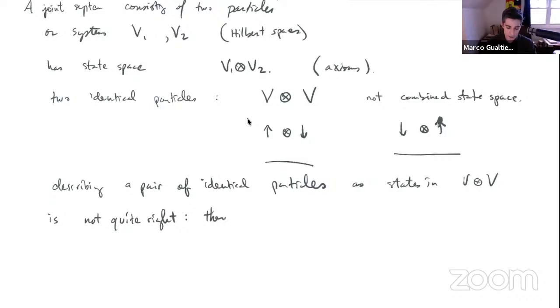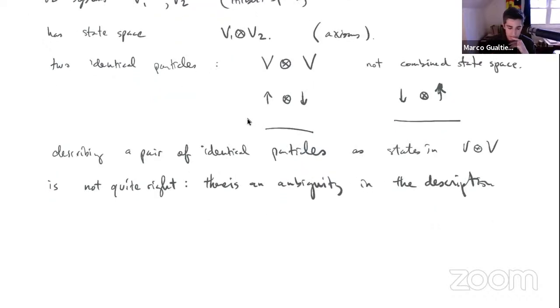The description is using information that we don't actually have, that doesn't actually exist. So one way of dealing with this is to try to restore the ambiguity that truly does exist in physics.